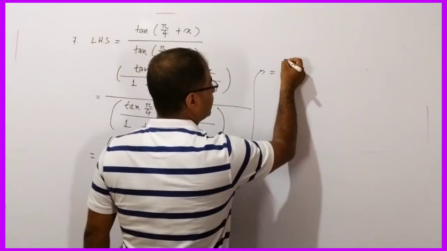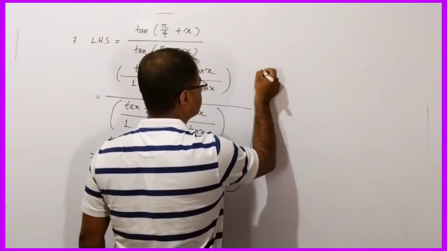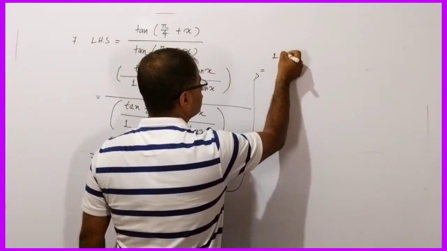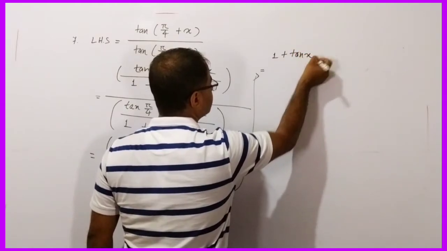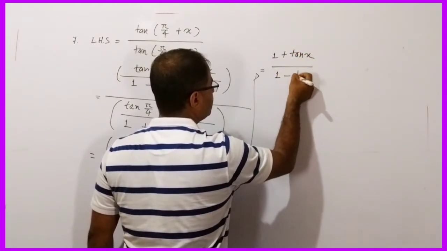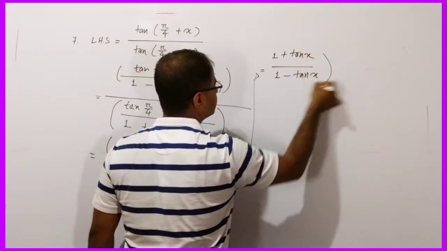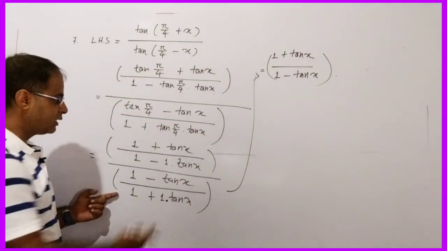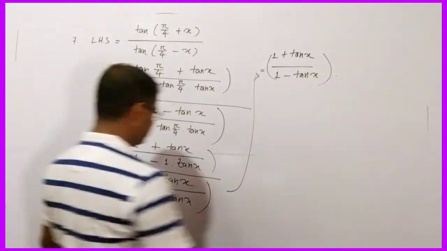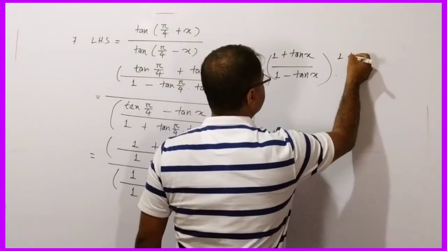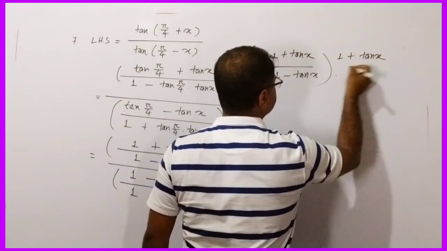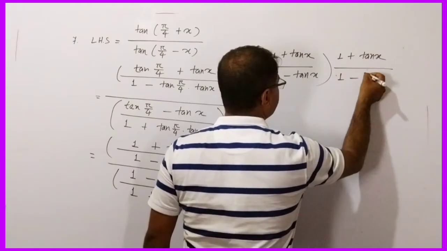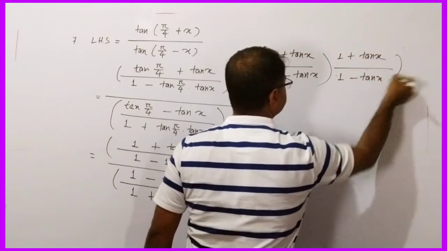Now 1 plus tan x divided by 1 minus tan x, into the reciprocal of the denominator, which is flipped: 1 plus tan x divided by 1 minus tan x.